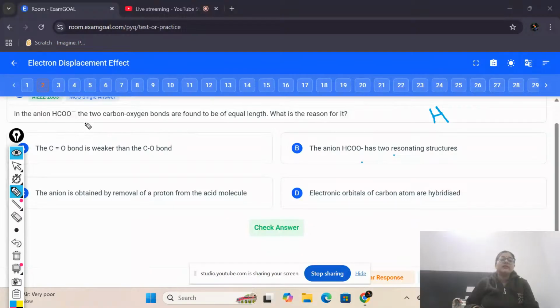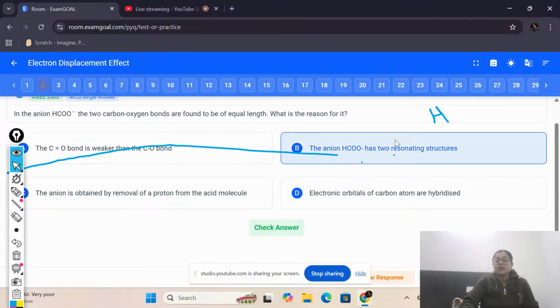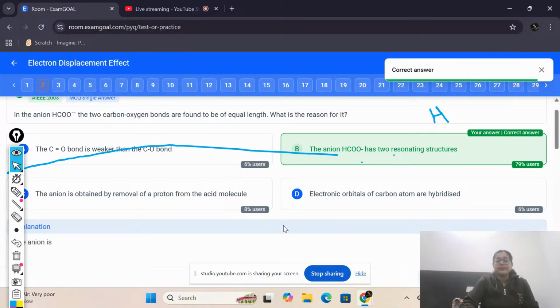HCOO negative is found to have equal bond lengths. Why are they of equal length? Because of the two resonating structures in which the negative charge is delocalized on the oxygen atoms. So it will be option B.